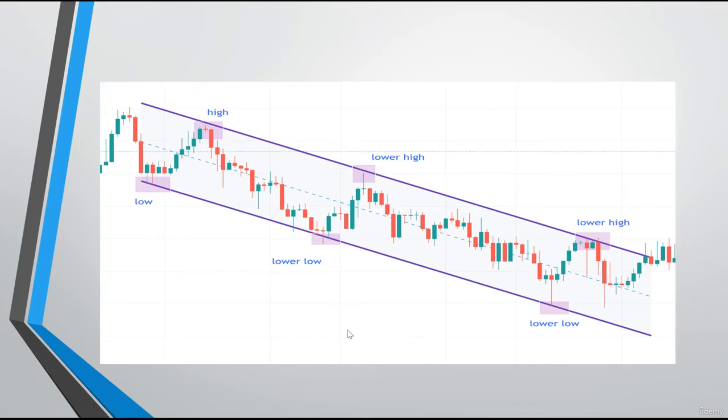Anyway, we start again from the left side of this photo. Okay, you can see the price which is decreasing. So we have a kind of bearish trend or downtrend. It has made the first low point, which I have pointed using these rectangles or squares.